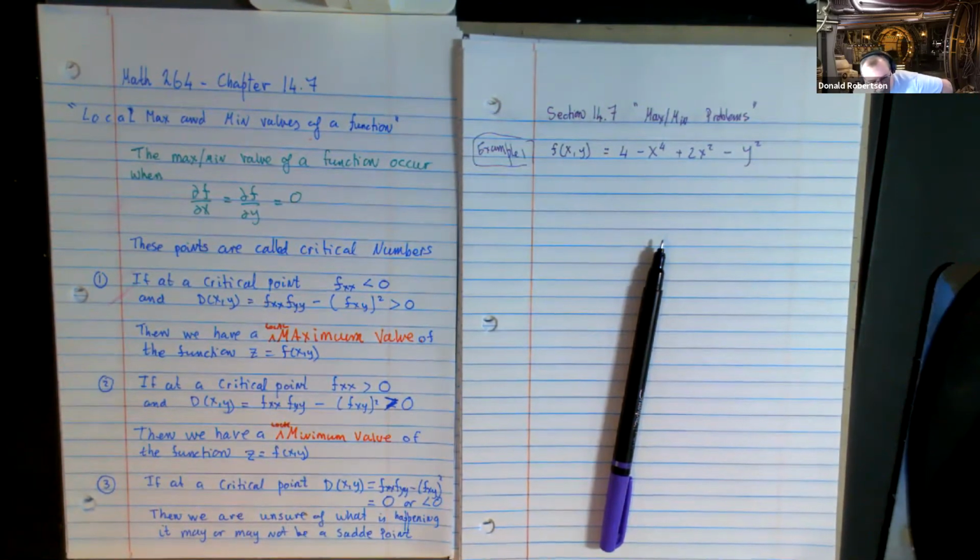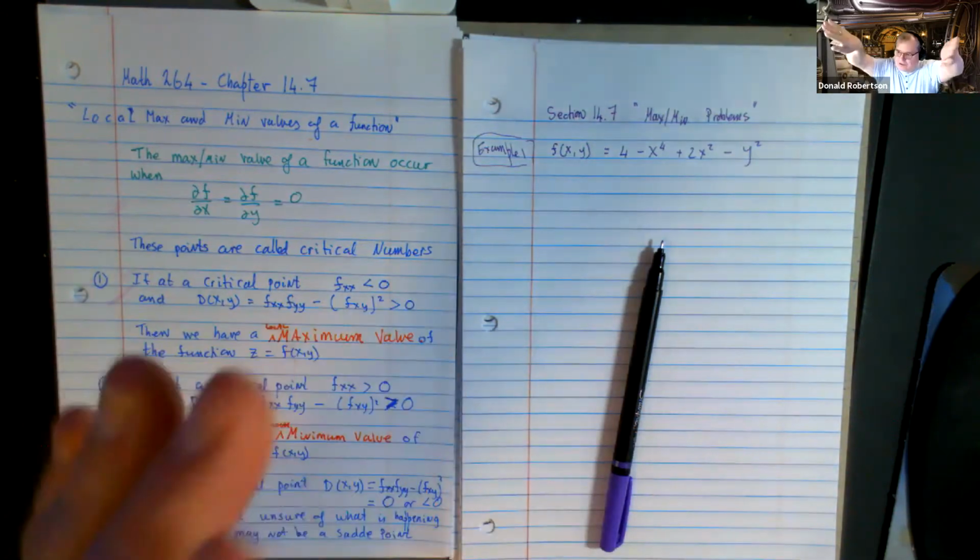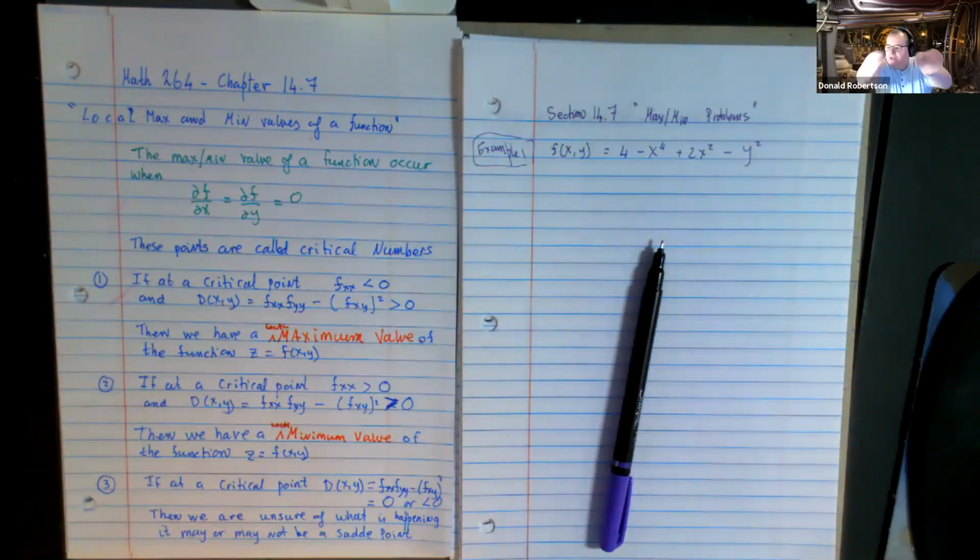And then you get the situations that are left over. Basically what's left over is that the D value is 0 or negative. If it is 0 or negative, you really don't know for sure what's happening. The vast majority of the time, it's going to be that funny little shape that looks like a saddle point, that 3D surface where in one direction it's curving this way, but in the other direction it's curving that way.